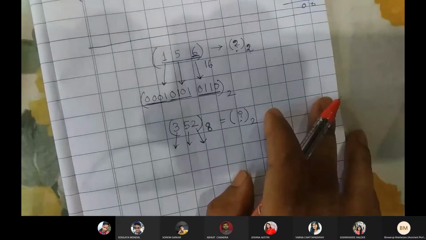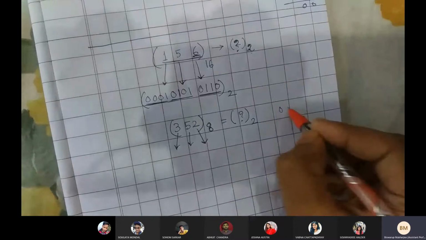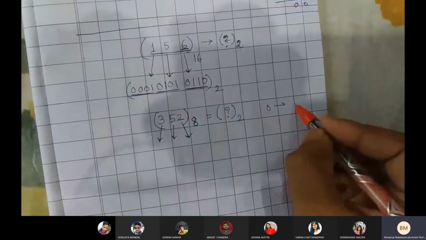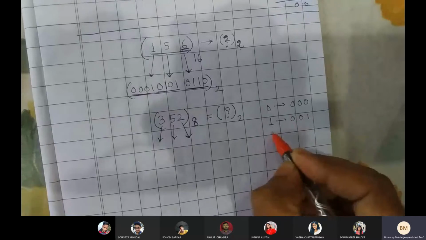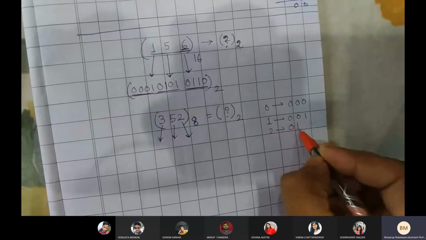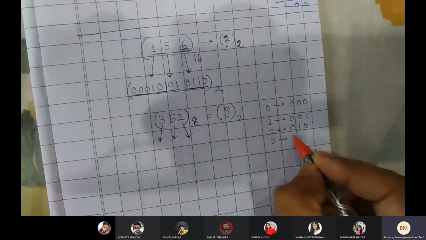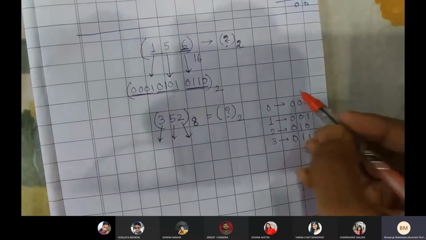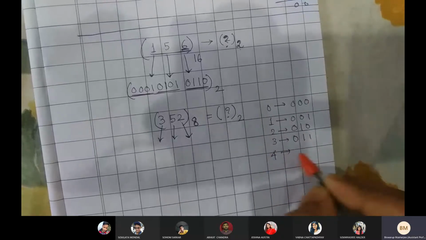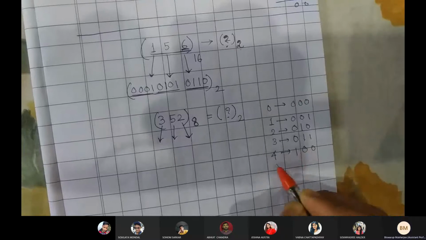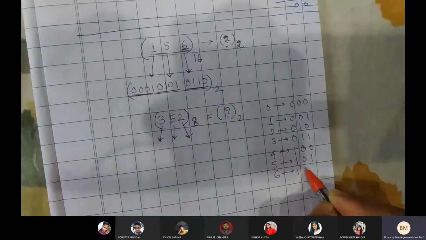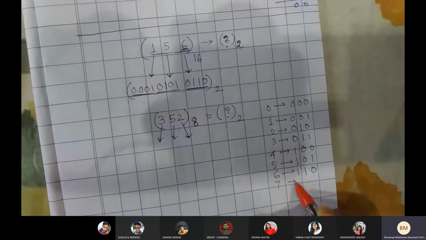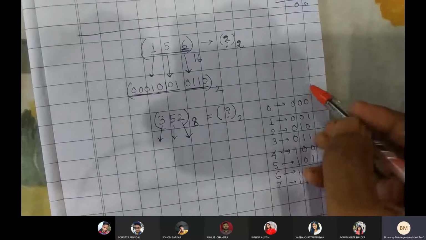So if we convert, 0 can be converted into 3-bit binary as 000, 1 as 001, 2 as 010, 3 as 011, 4 as 100, 5 as 101, 6 as 110, and 7 as 111.